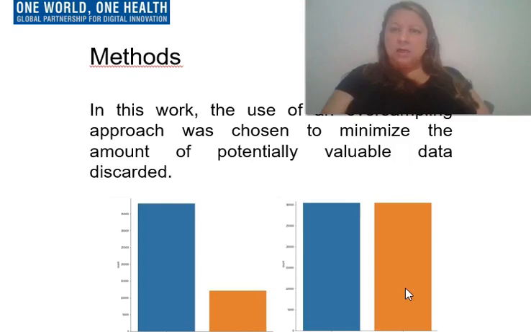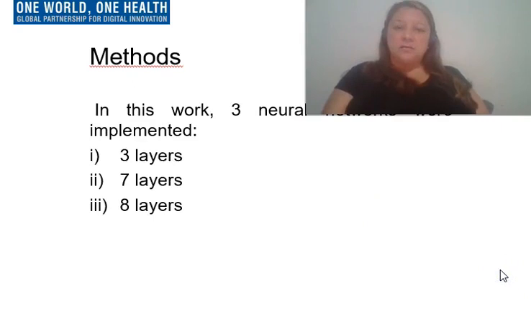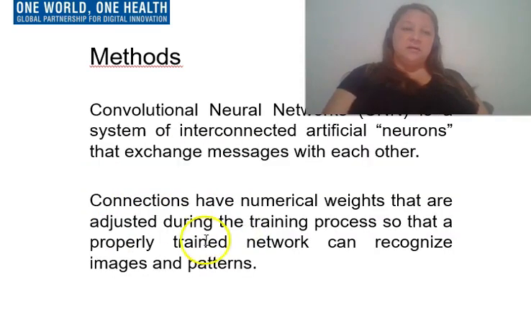In this work, the oversampling approach is chosen to minimize the amount of potentially available data discarded. Three neural networks are implemented: 3 layers, 7 layers, and 8 layers.